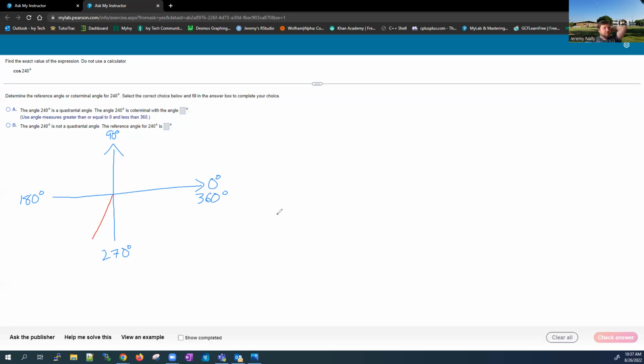So now when we're talking about a reference angle, what we mean is whatever the smallest angle can be made with this line with the x-axis.